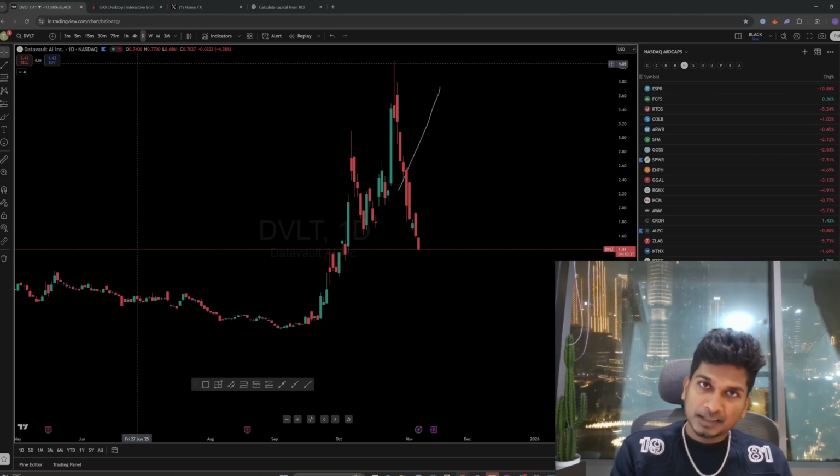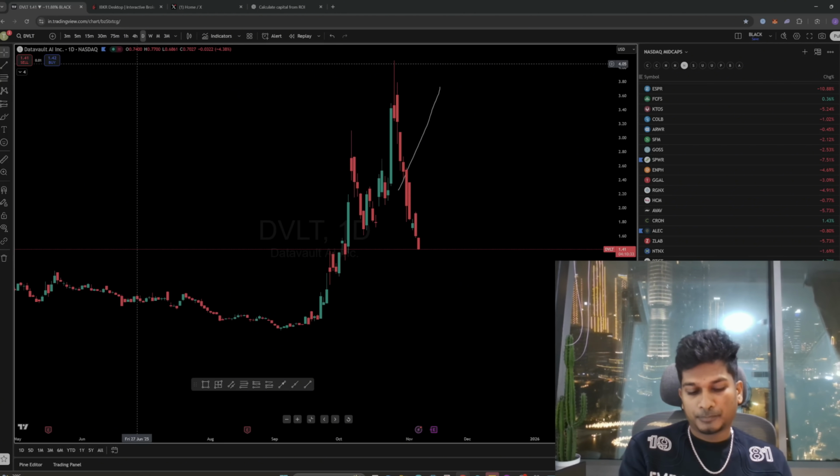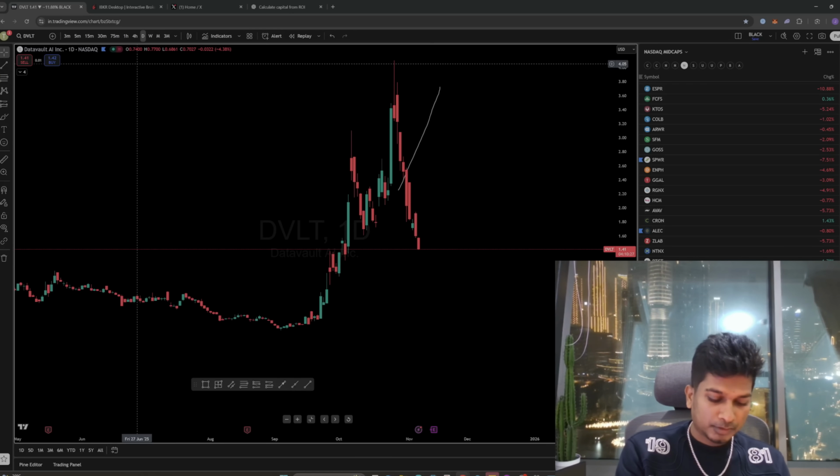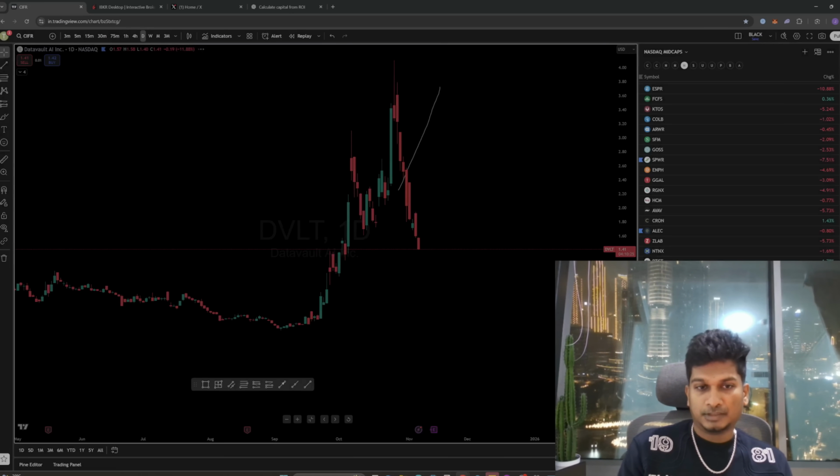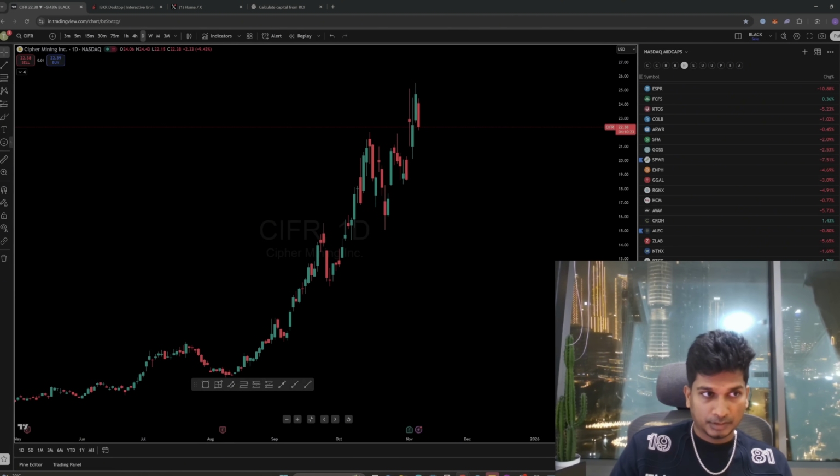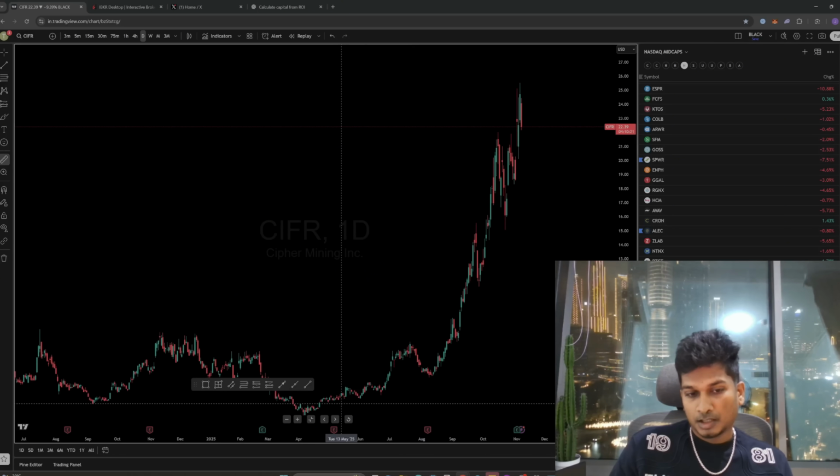The AI theme has been really going well, because how you trade the Indian market is quite different from how you trade the US market. You have to mix a little bit of fundamentals into it. There are many stocks that did really well. If you look at Cipher Mining, look at this.